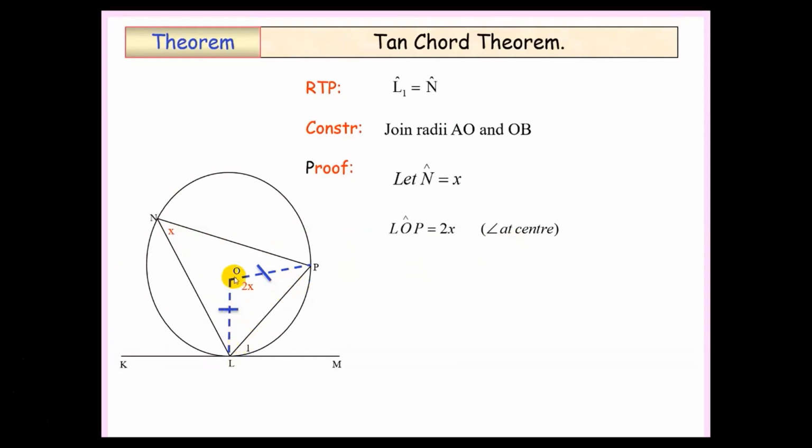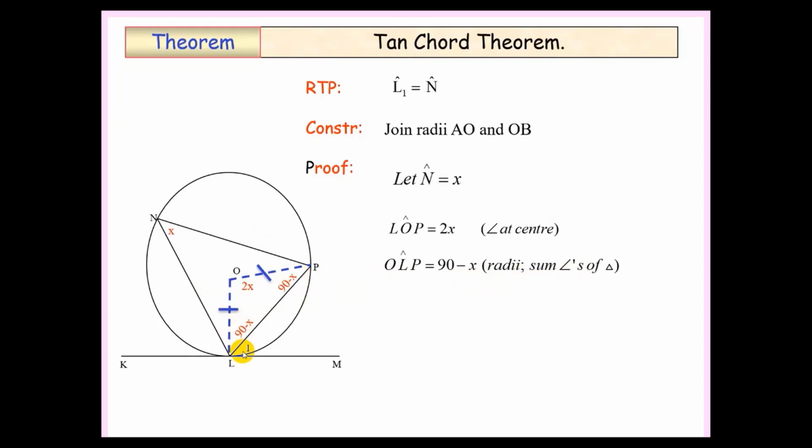So we want to find angle OLP, and we will take 180 minus 2x and divide that by 2, which will give us 90 minus x. So we have OLP is equal to 90 minus x, and your reason is radii, sum of angles of a triangle. So we know that these two angles are 90 minus x.